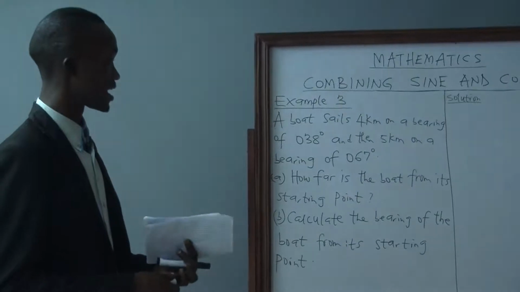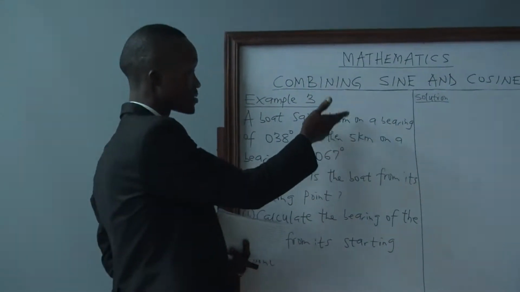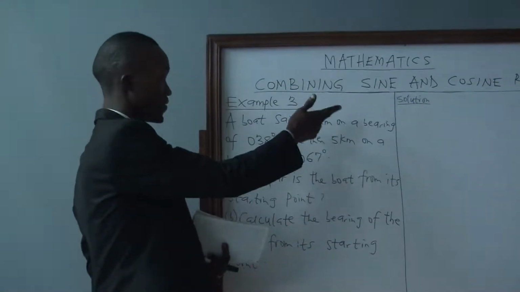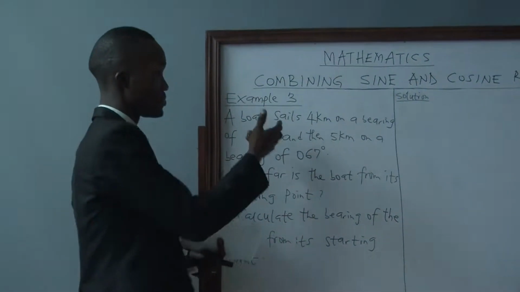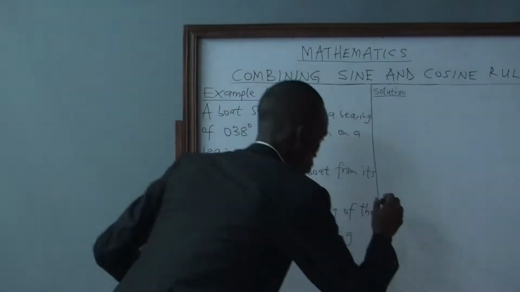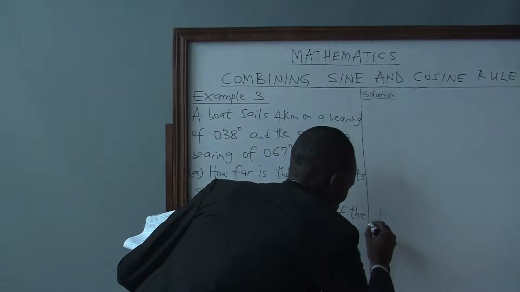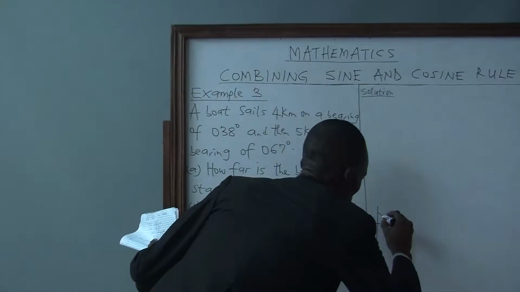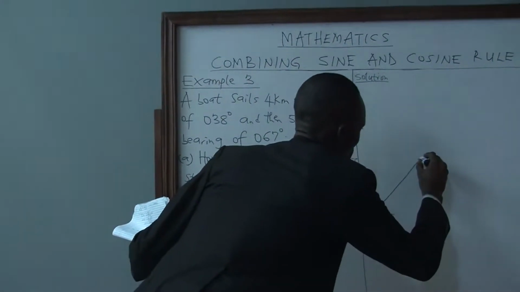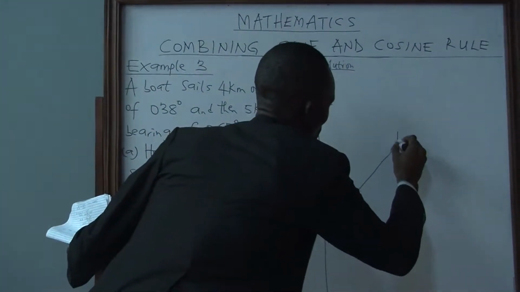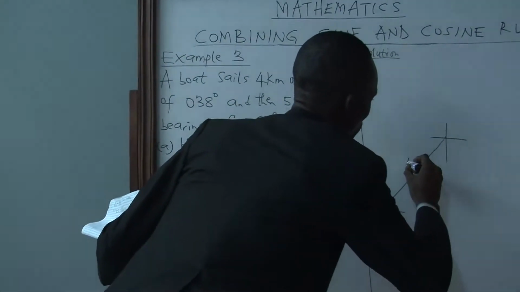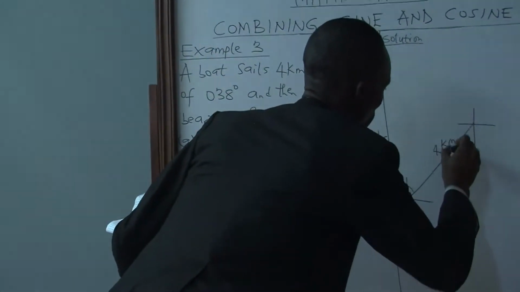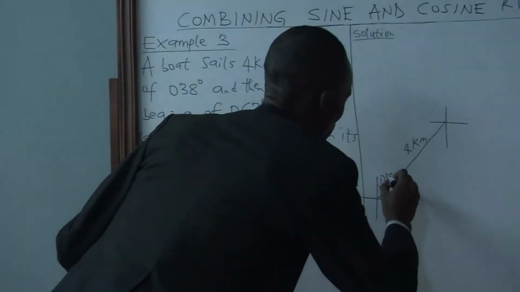Now we sketch the diagram. The first distance covered by the boat is 4 kilometers, but on a particular bearing which is 038. So we have our 4 cardinal points, 038, we have this, that is 4 kilometers, 038 degrees.